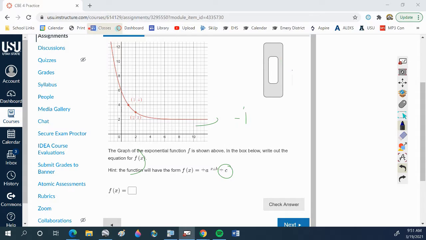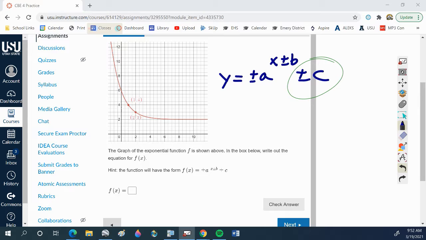So in that grand equation, y equals plus or minus a, x plus or minus b, plus or minus c, I know that this is +2. Okay? So y equals plus or minus a, x plus or minus b, plus 2.